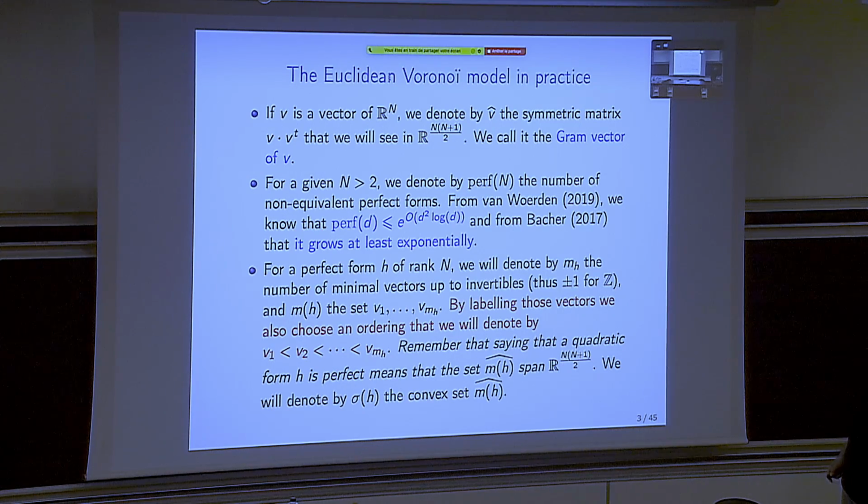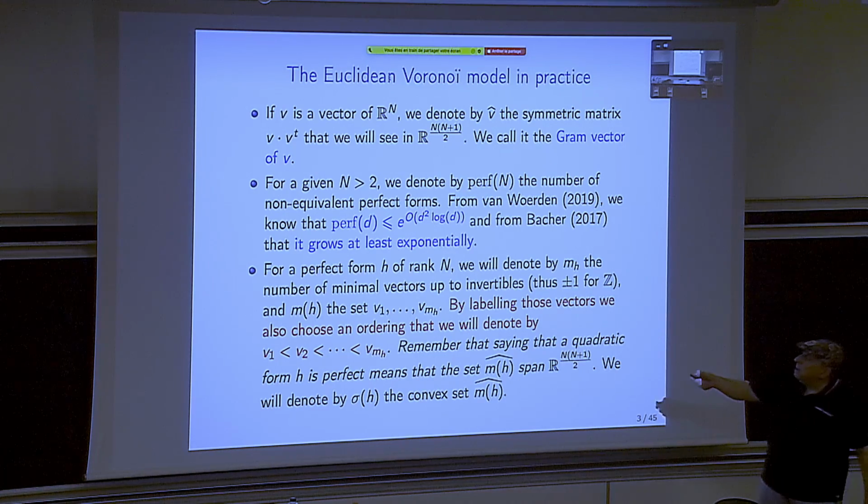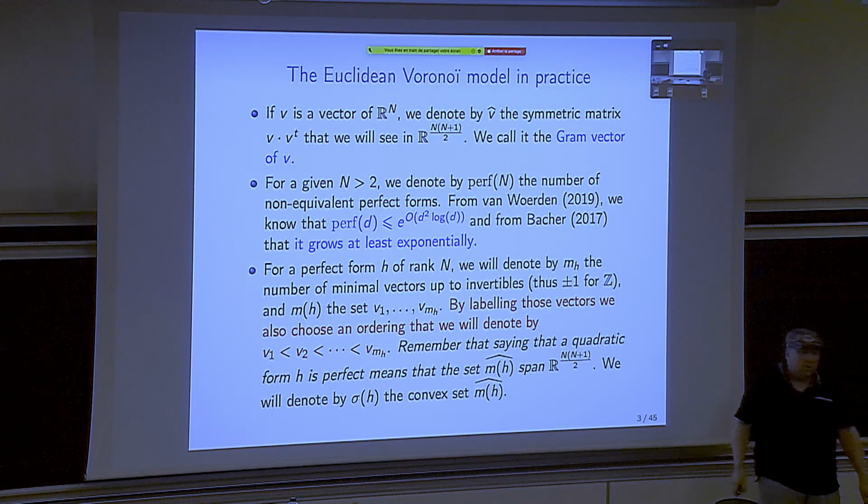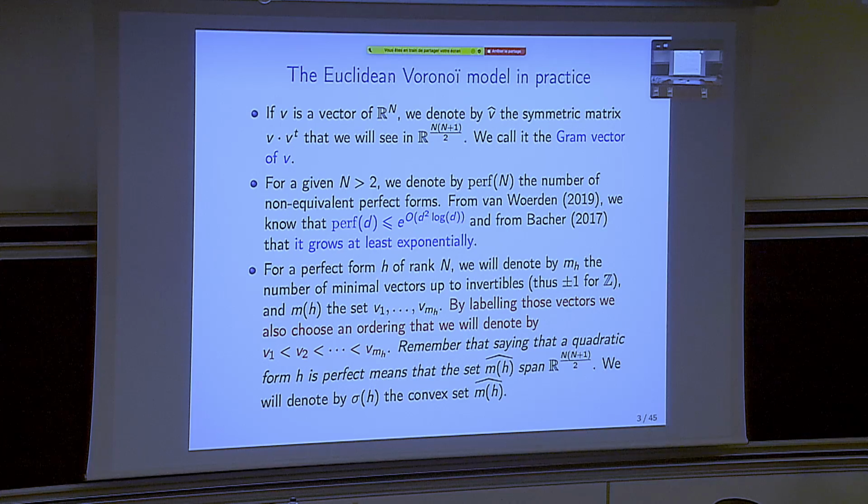By Bacher, we know that it grows at least exponentially, and by von Verden, we have this bound on the number of perfect forms. Maybe we could think that the correct bound is exponential in the square of the dimension.